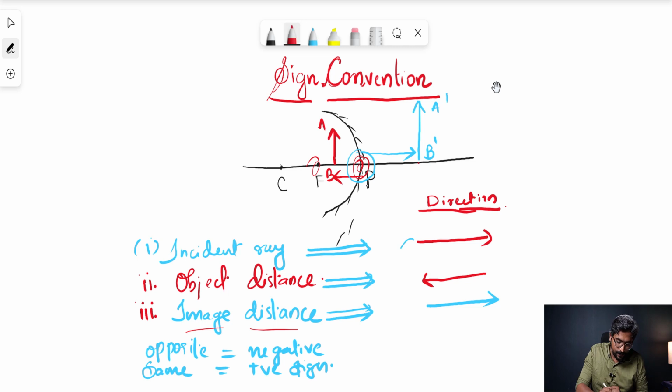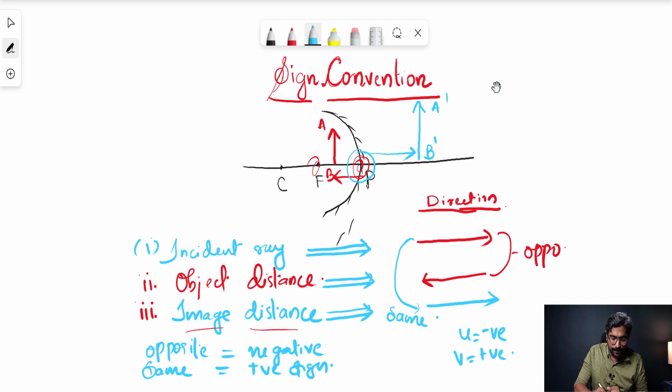Now, in the first case of U, you can see they are in opposite direction. Whereas in the second case of V, the incident ray and V are in the same direction. So here the case is that U is taken as negative and V is set as positive. So U is negative and V is set positive.